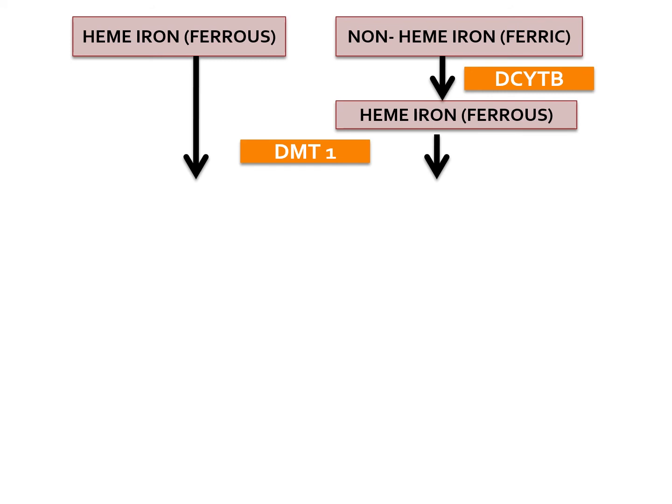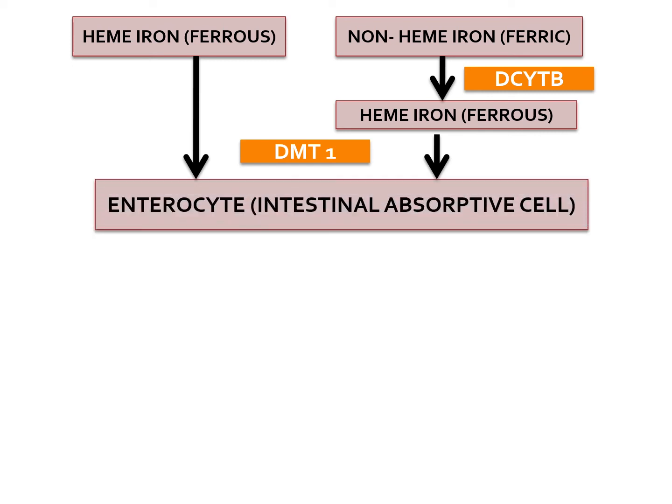In order for the ferrous form to go inside the enterocyte, the intestinal absorptive cell, it is facilitated by DMT1.